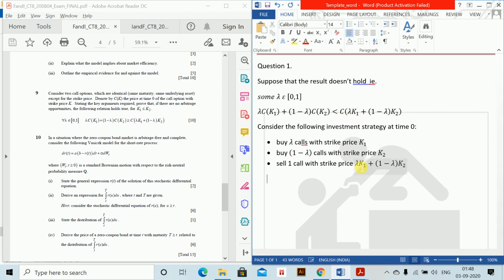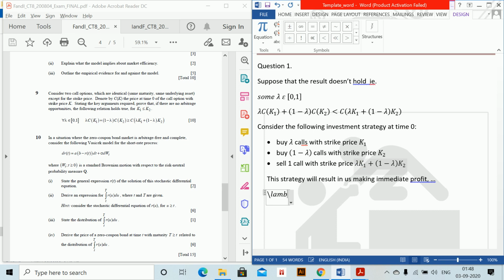Okay, this strategy will result in us making immediate profit. There is theory, so I'm not completing the theory.